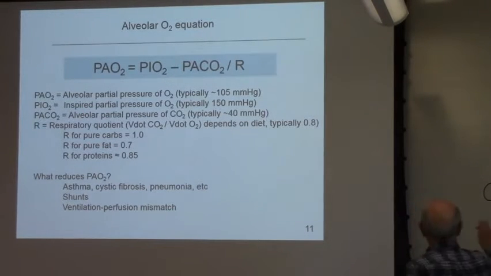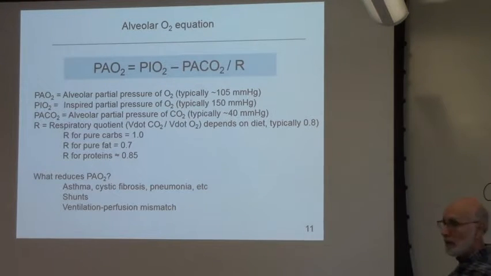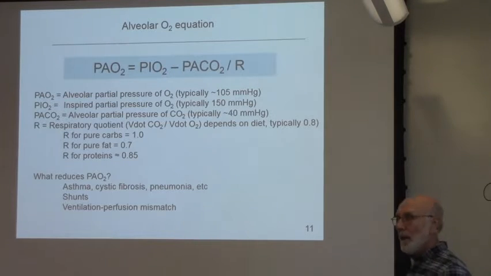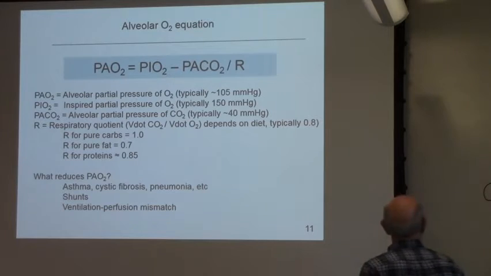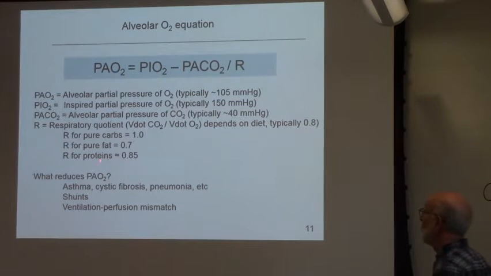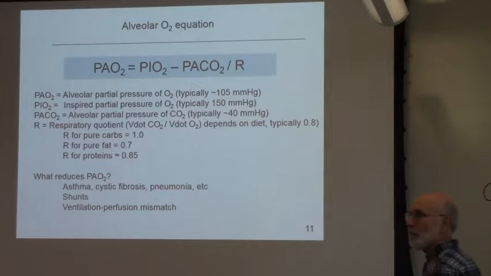You can live on fat for a while, and if you do the same equation, which we didn't do in cell physiology, you find that the respiratory quotient is 0.7. It produces less CO2 for the amount of O2 that it consumes. And if you eat a diet of pure protein, it depends on the protein because proteins are not all the same. Protein is about 0.85.